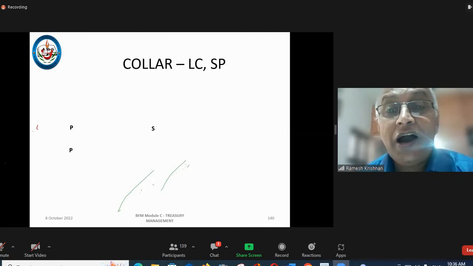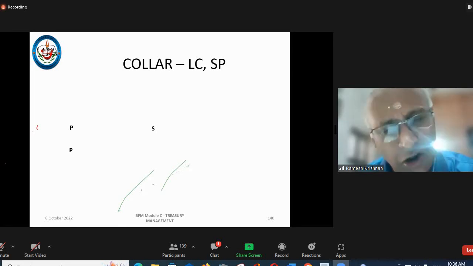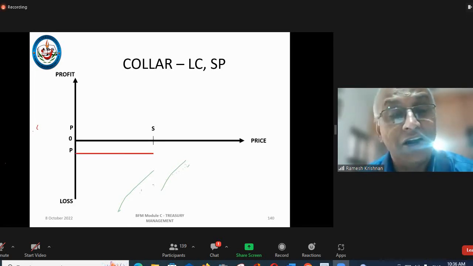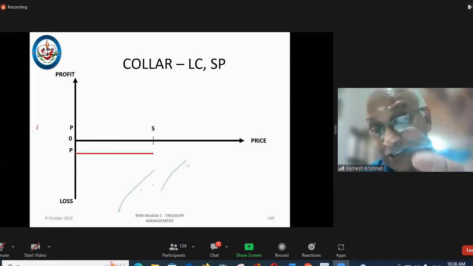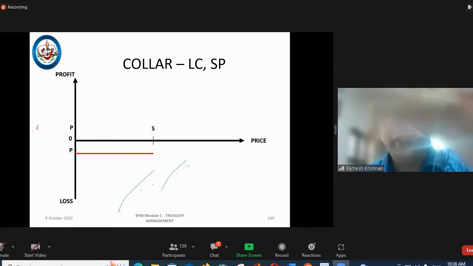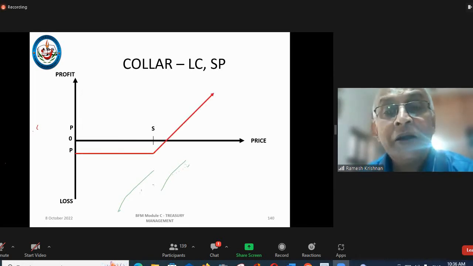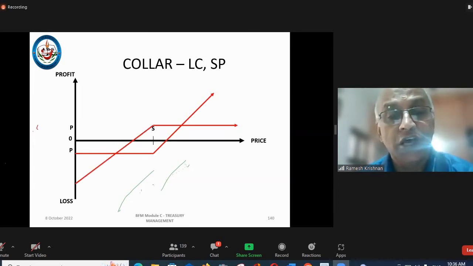Now there are some other options called collars. A combination of a long call and a short put is called a collar. I will explain this in a written slide, another 2-3 slides later. But for now, just understand that it is a combination of the two cash flows, so that the diagonal, that small green trapezium, becomes the assured profit.